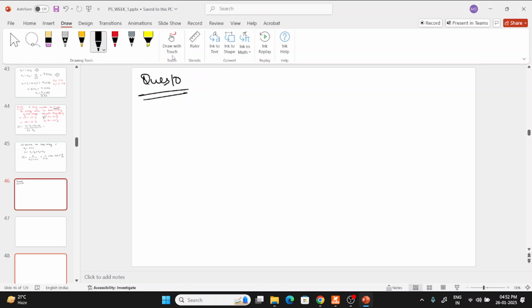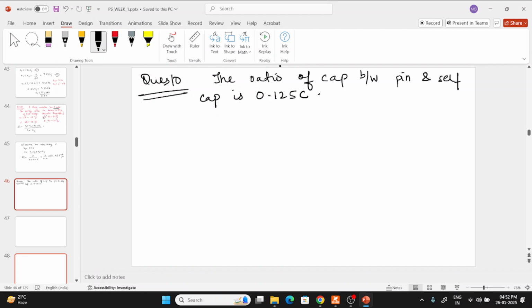So, now the ratio of capacitance between pin and self capacitance is 0.125 C. ठीक है? For a string of 2 unit.